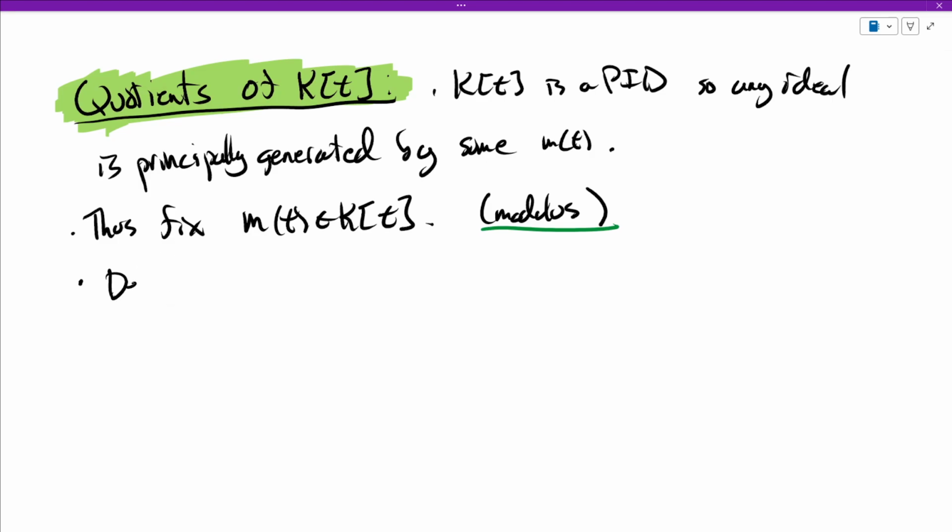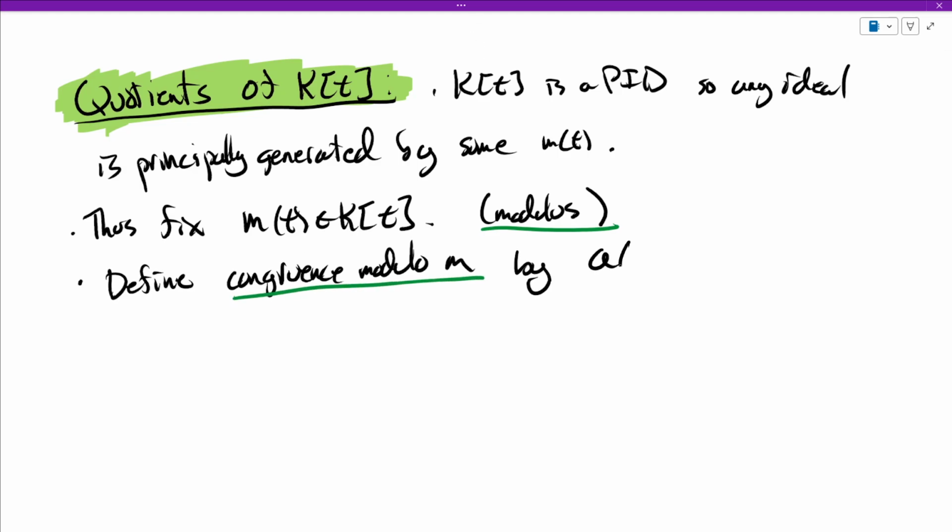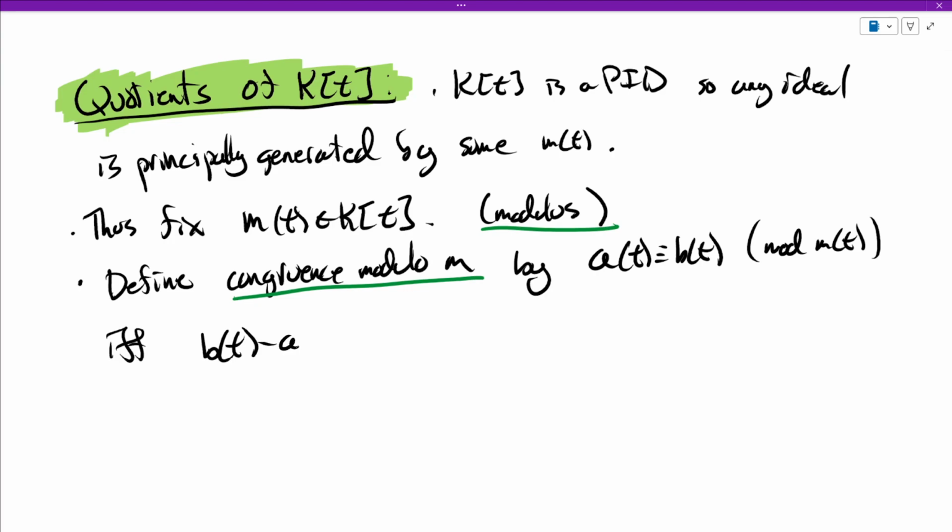Okay, so we're going to define a congruence relation. Congruence modulo m: a of t is congruent to b of t modulo m if b of t minus a of t is divisible by m.